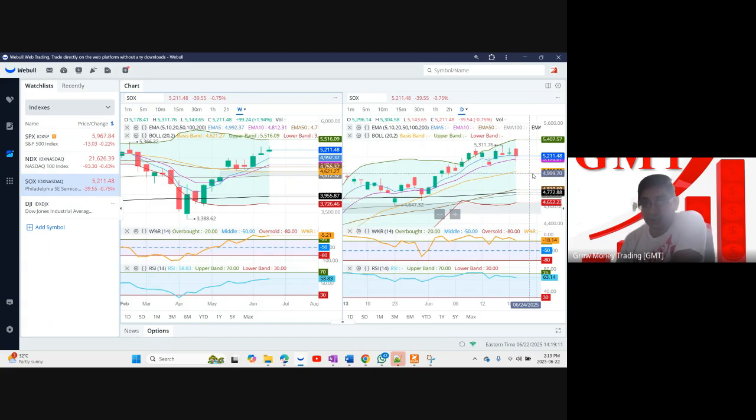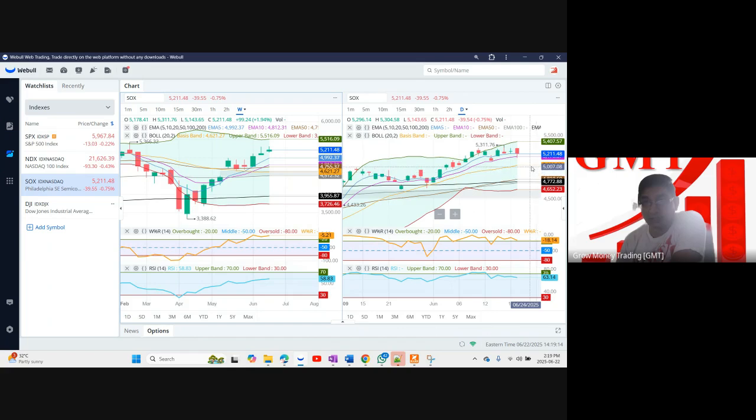For SOX, the mid Bollinger Band level here is close to 5,000. This would be a support. 4,956 would be the first support to watch for. As it drops, the mid Bollinger Band level could also drop, and this level here, which has acted as resistance previously, could act as the first support.